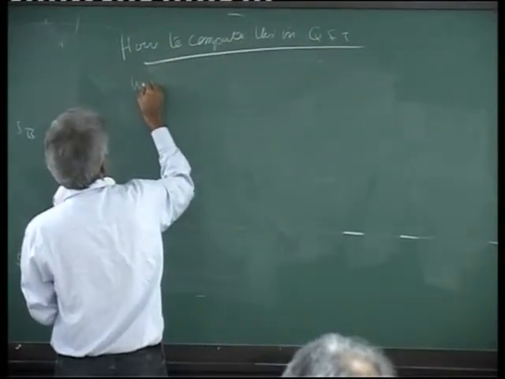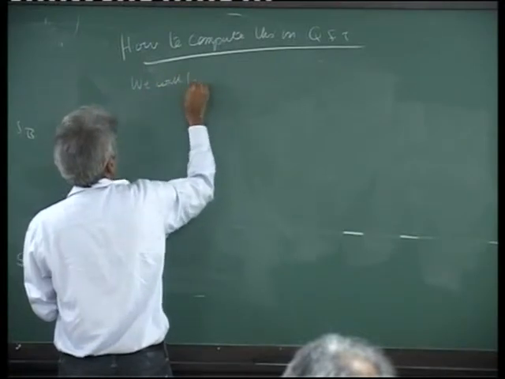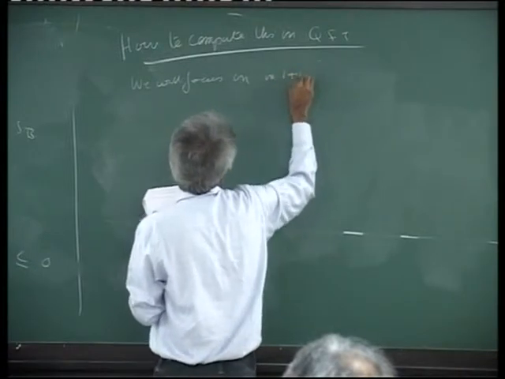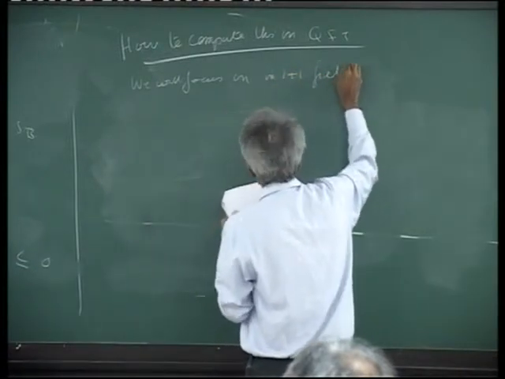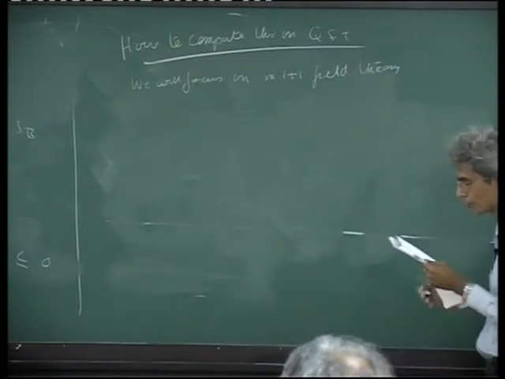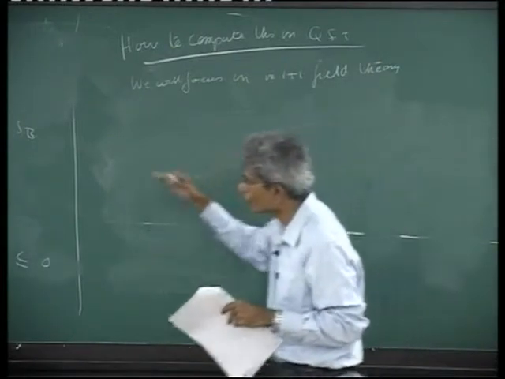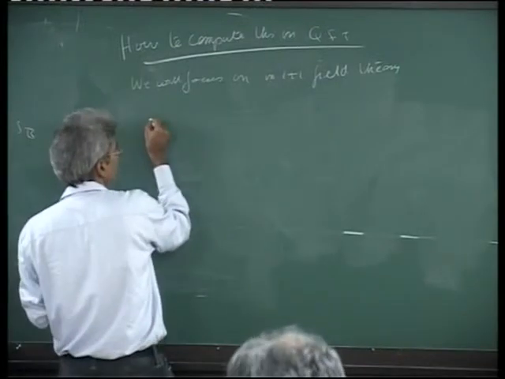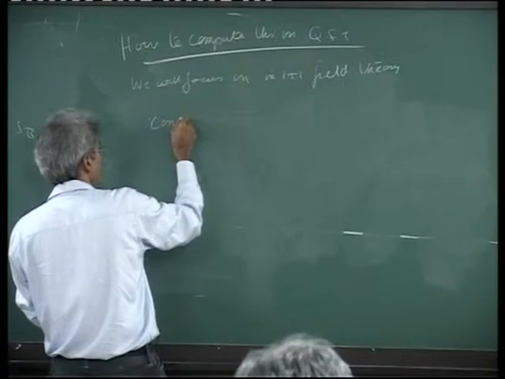We will focus on 1 plus 1 dimensional field theory. In fact, we will be even more specific. We will just focus on conformal field theories in 1 plus 1 dimension. And just to make things precise, as I mentioned before, consider a field theory on the lattice. Consider the 1 plus 1 dimensional field theory on the lattice.